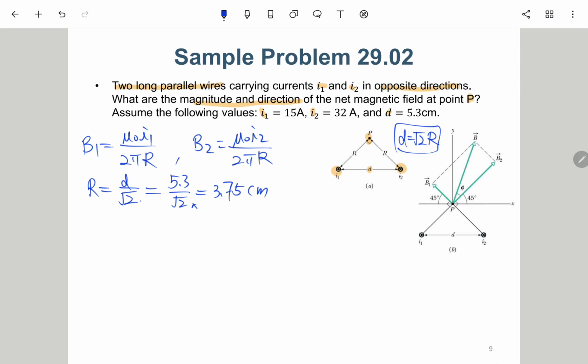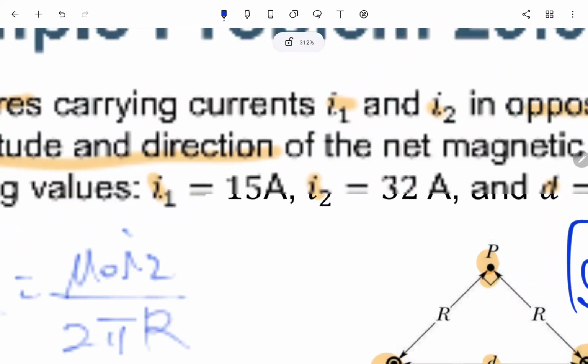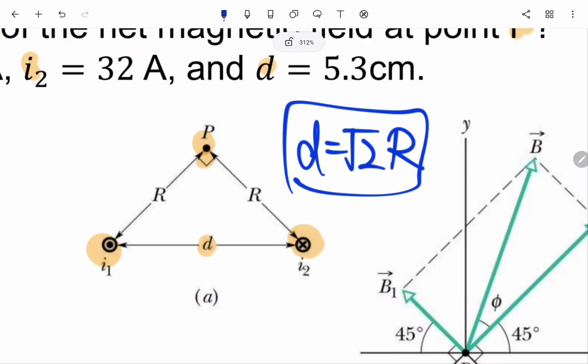Here of course we need to determine the direction of the B field. So we actually use the right hand rule.